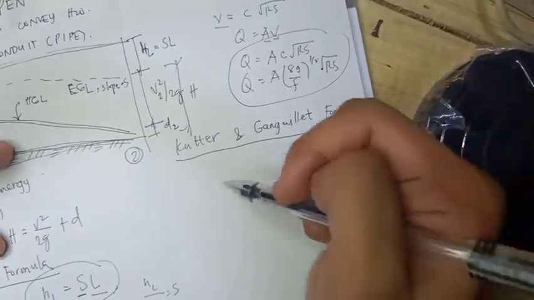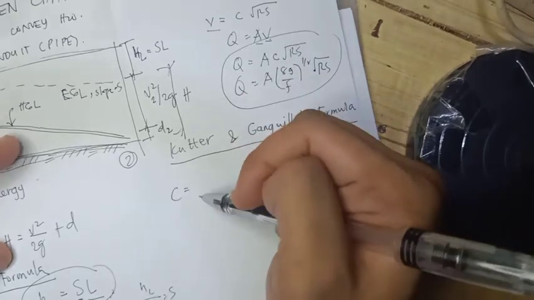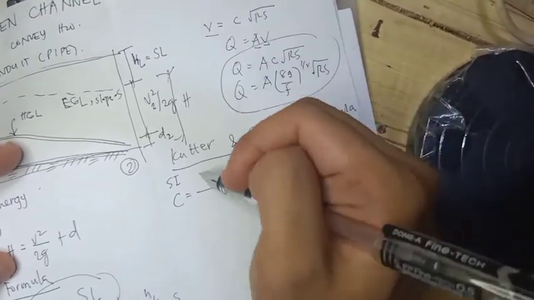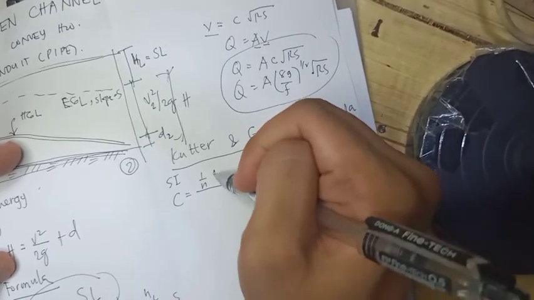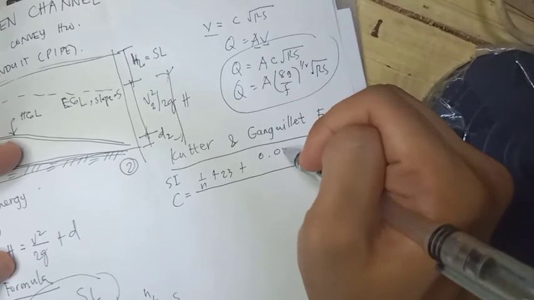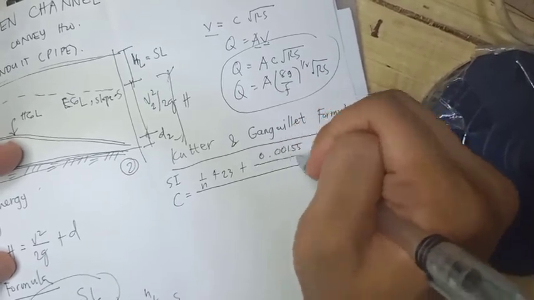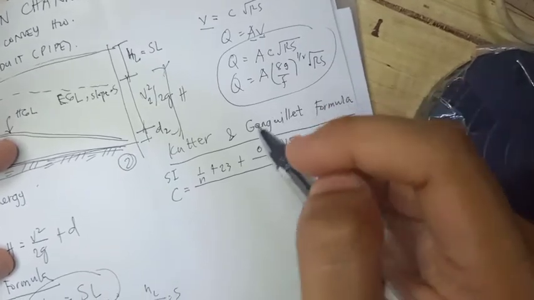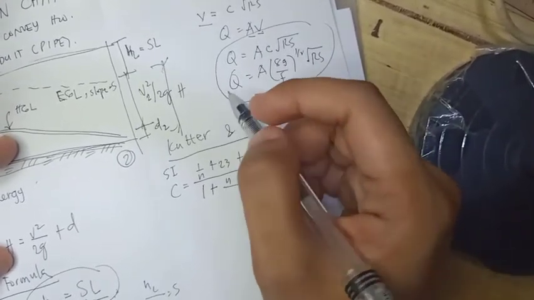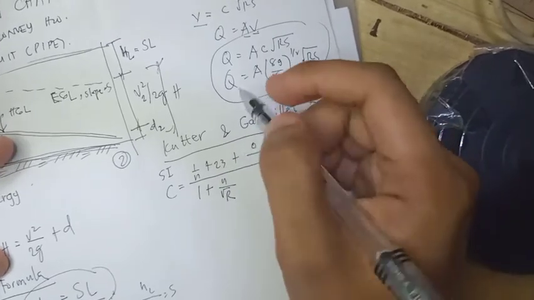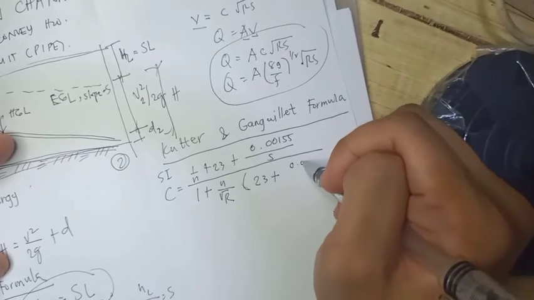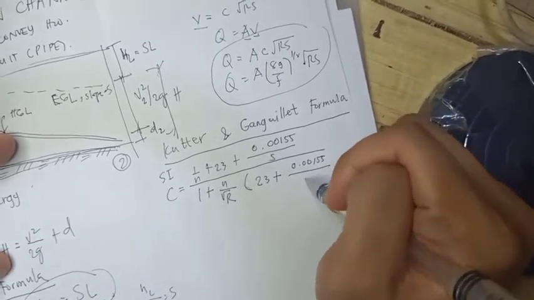This formula would be given in SI: C equals 1 over N plus 23 plus 0.00155 over S, all over 1 plus N over the square root of R times 23 plus 0.00155 over S.